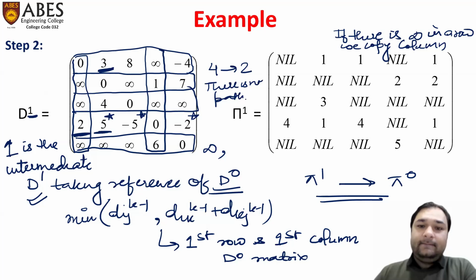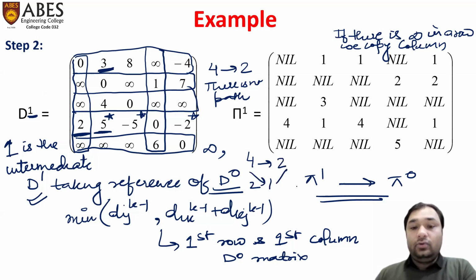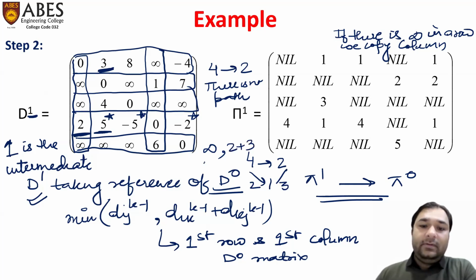But now we can see that from 4 to 1 and 1 to 2, there is a path with 2 and 3. So 2 plus 3 will be 5. It simply returned 5.